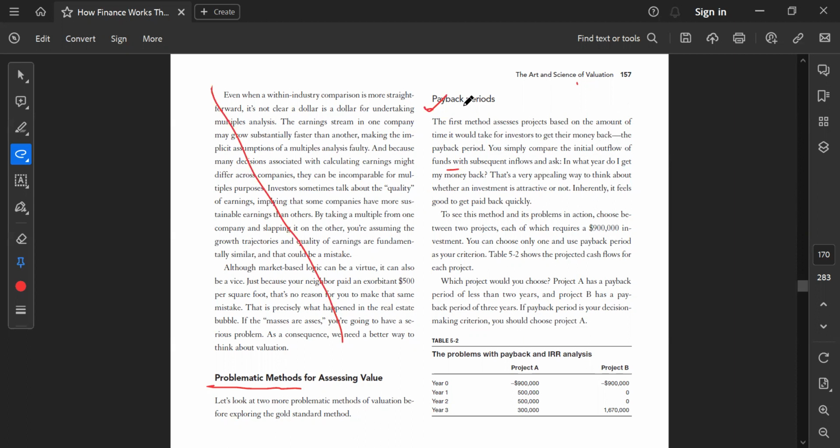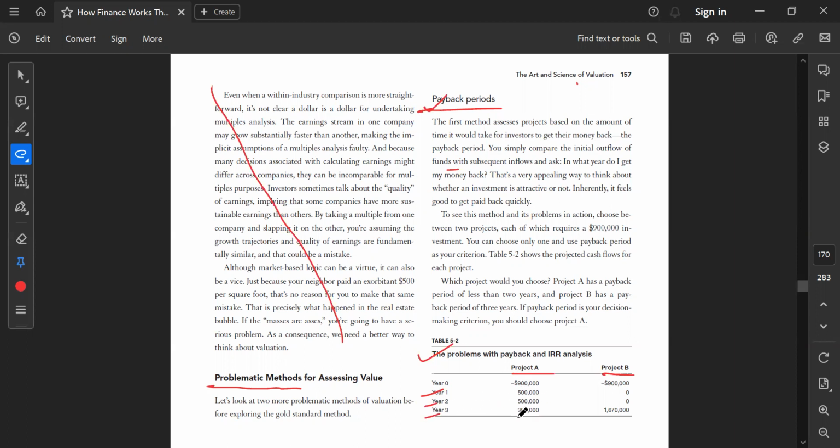Why? Because it only focuses on how rapidly we will get back our investment and not how much value it generates. Okay, for example, look at this table where the same investment is done in two projects A and B. For example, let's say in year one I get back 5 lakh rupees. Okay, in year two I get back again 5 lakh rupees.